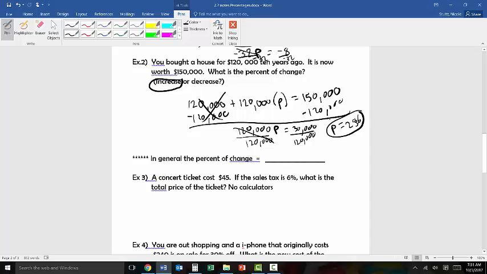So it was a 25% increase. So in general, you can always set up an equation just like I have. That's actually the way I do it. But if you want a shortcut, because some kids like shortcuts, I'm going to take the new price minus old. And you're going to divide it by the old.